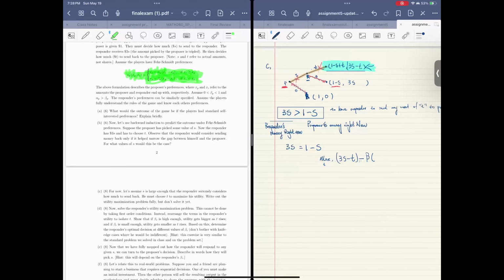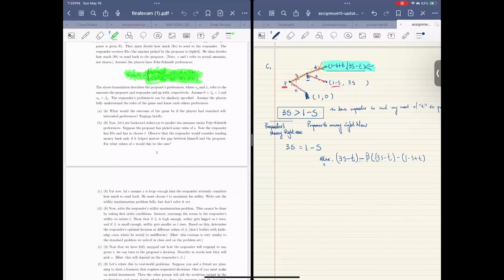Because now I have more money than you, so I have to send you some amount of money. So it's 3S minus T minus (1 minus S plus T). Did I remember that correctly? Yeah.